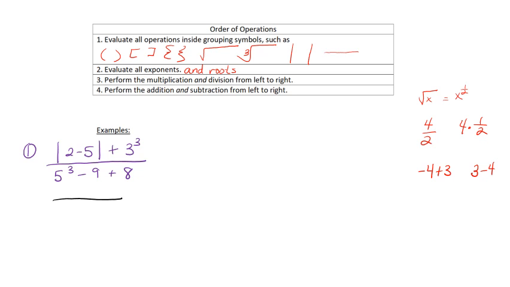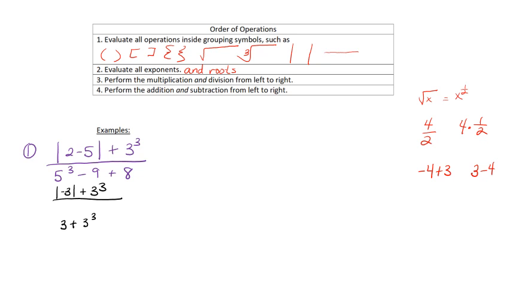So on the top we have the absolute value of 2 minus 5. Well, that is a grouping symbol, so we're going to evaluate what's inside there. The absolute value of 2 minus 5 is -3, plus 3 to the 3rd power. The absolute value of -3 is 3. And then we have 3 to the 3rd.